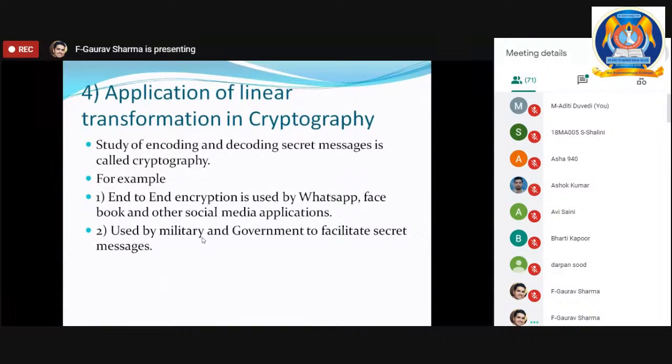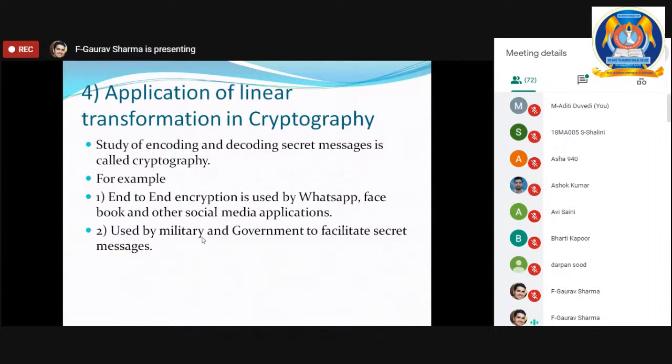So the next application is the application of linear transformation in cryptography. So let us first discuss what cryptography is. The study of encoding and decoding secret messages is called cryptography, right?